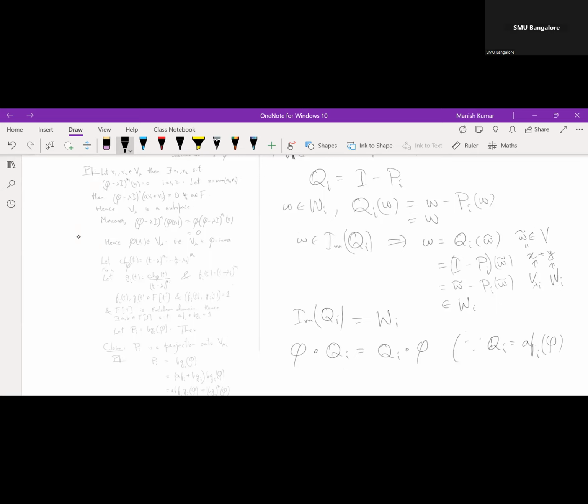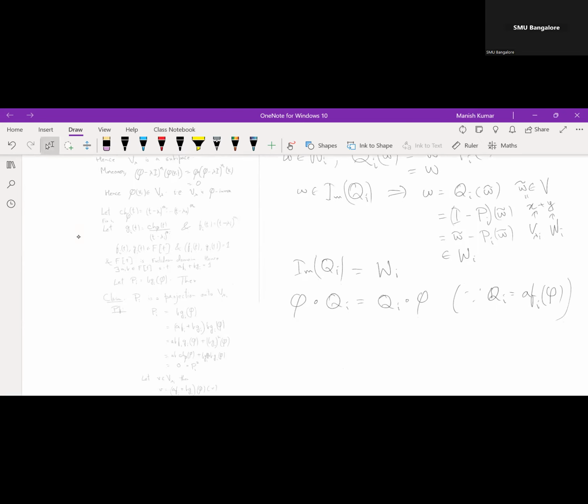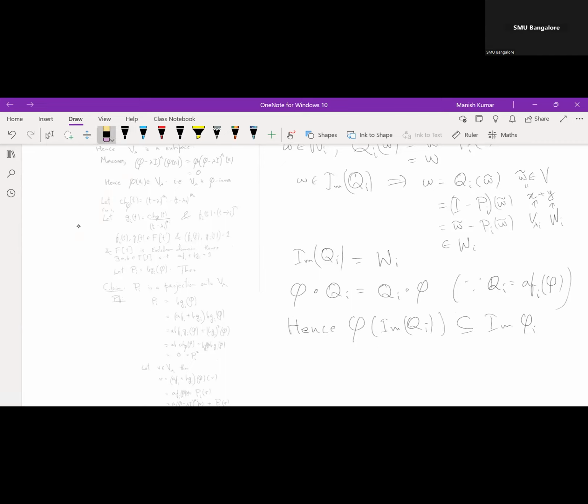You put t before or after, it doesn't matter. So hence phi of the image of Q_i is in fact contained in the image of Q_i.